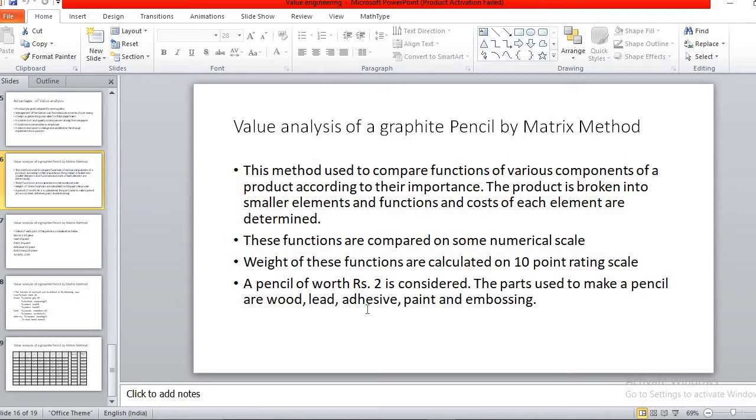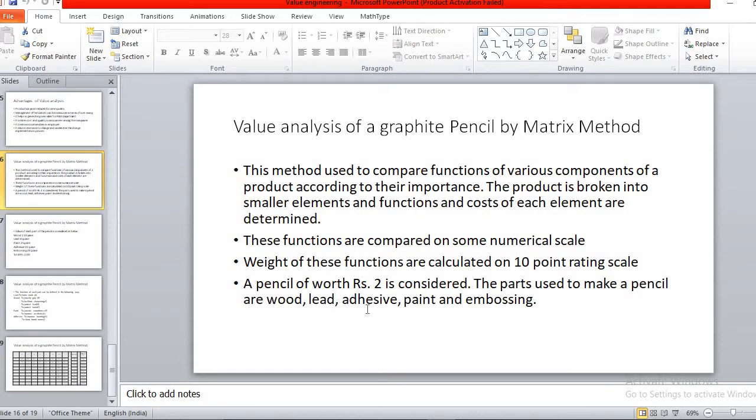In this matrix method, one table is prepared in which the different elements are considered. These are the major elements, and each element has some function. For each function, we give a notation.